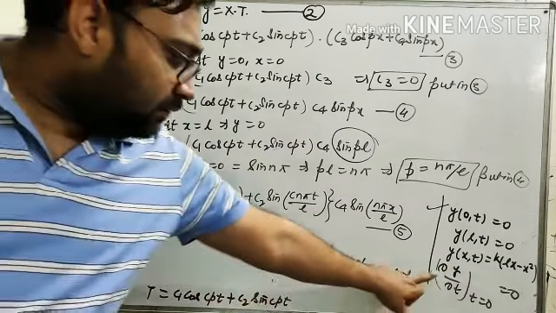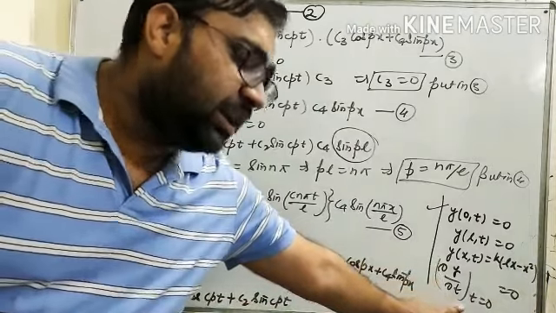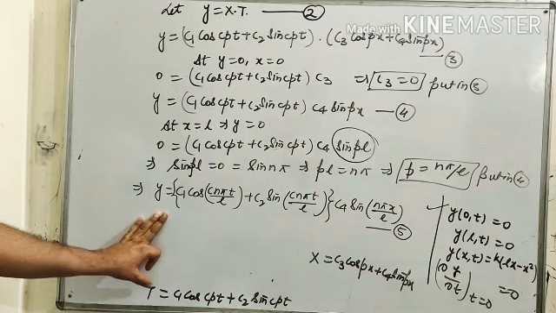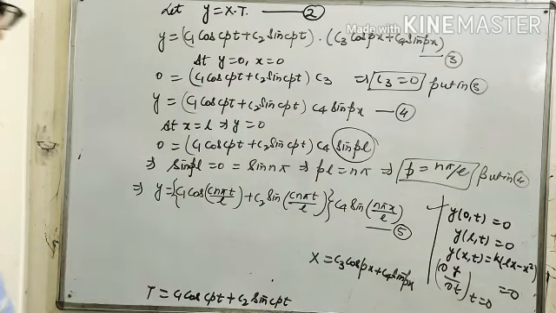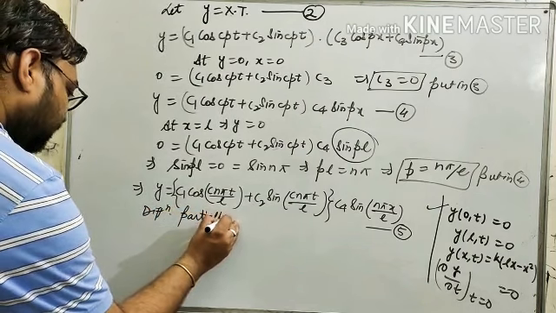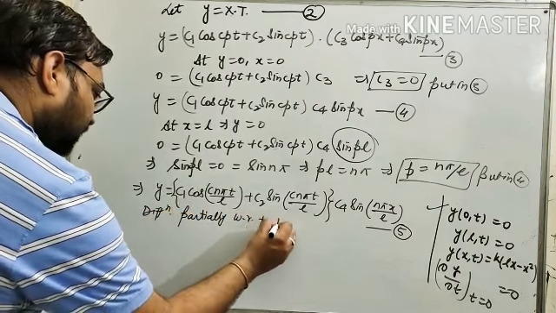So here first we have to use del y over del t at t equals 0. For this we first differentiate partially with respect to t.